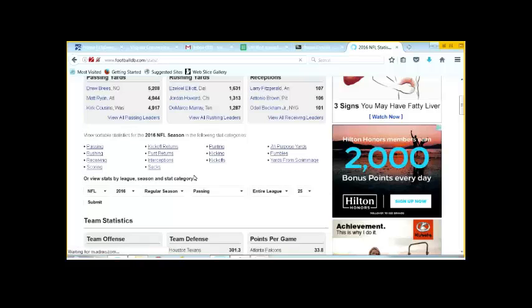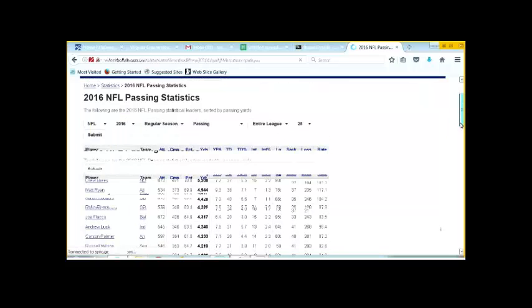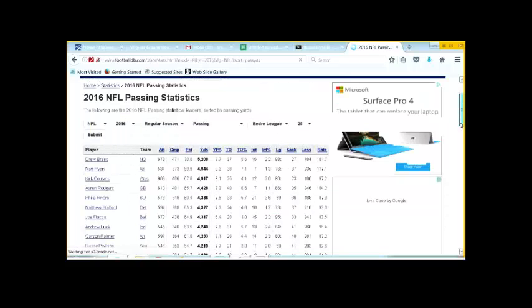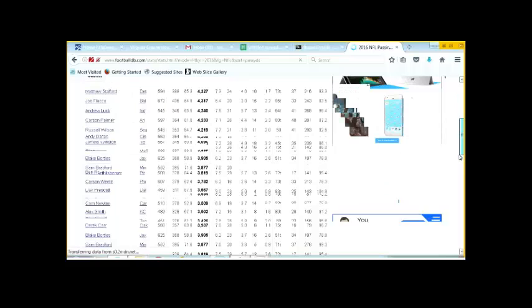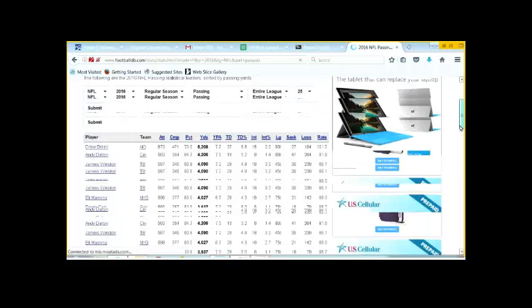Okay, yeah. So typically you can see that's in a table.